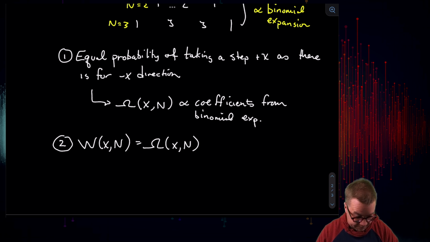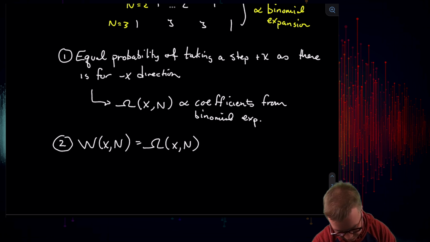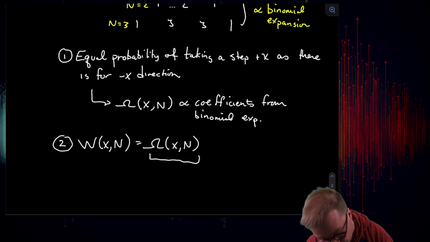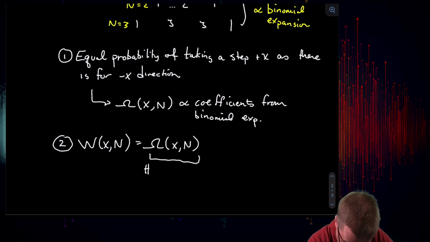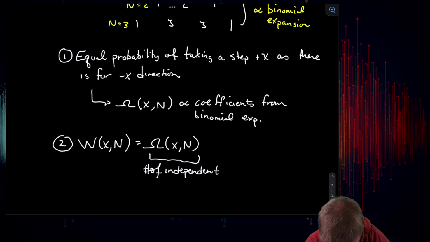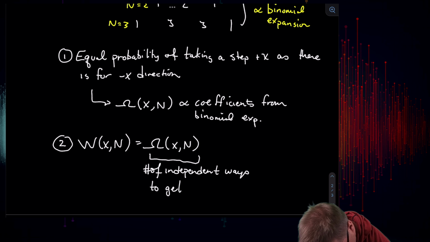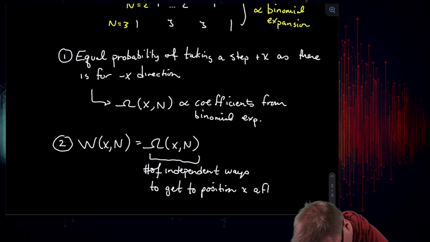It's the number of different rearrangements of steps that give us the same result, that give us that position x. Okay, so again, if you want to put words to this, this is the number of independent ways to get to position x after n steps.